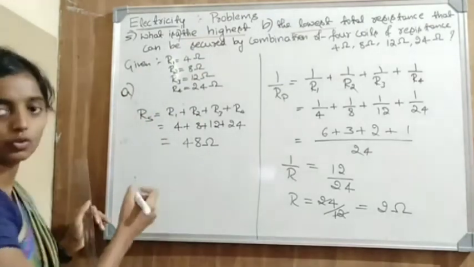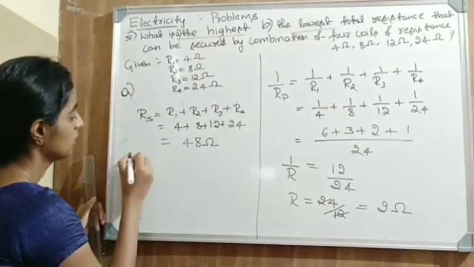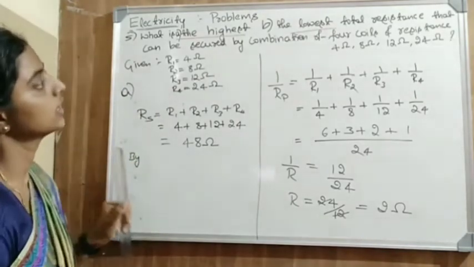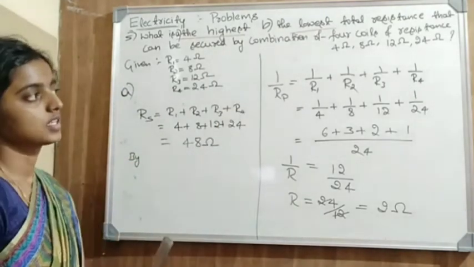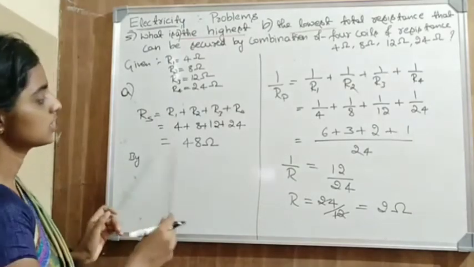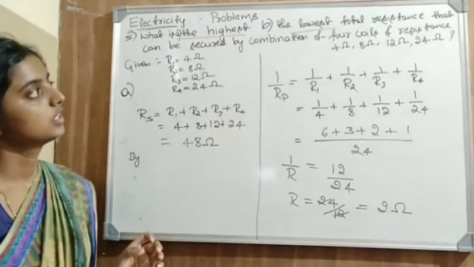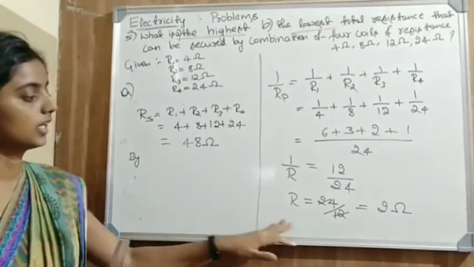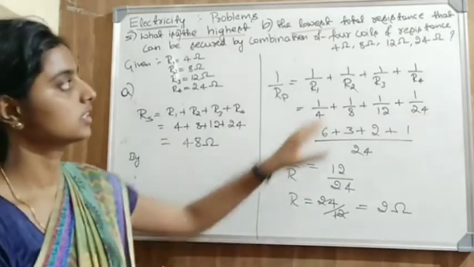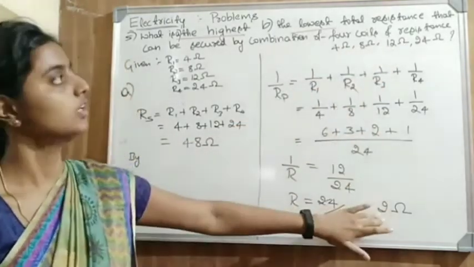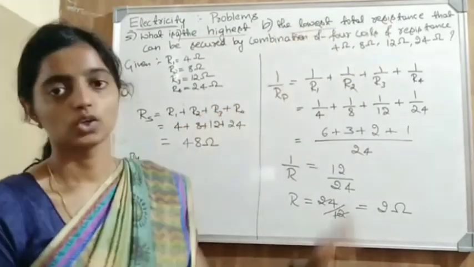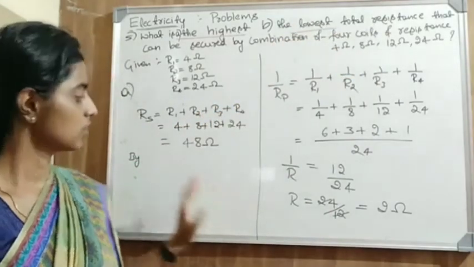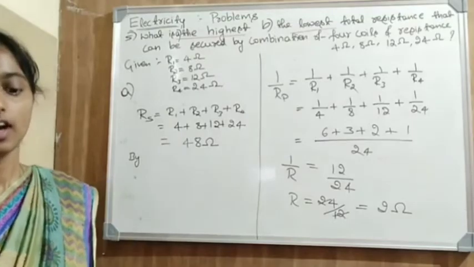Now write the conclusion. By connecting these resistors in series we will get the highest total resistance. And by connecting these 4 resistances in parallel we will get the lowest total resistance. So I'll write for one, you copy it for another one, okay?